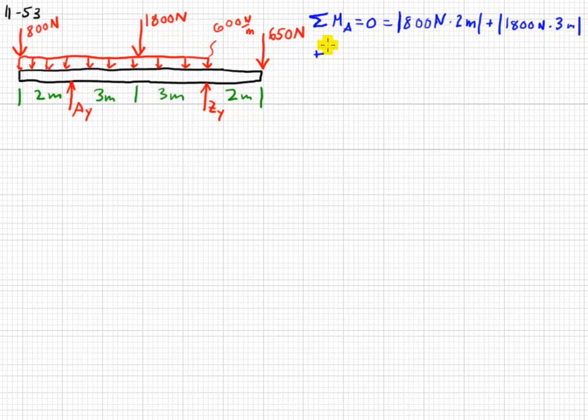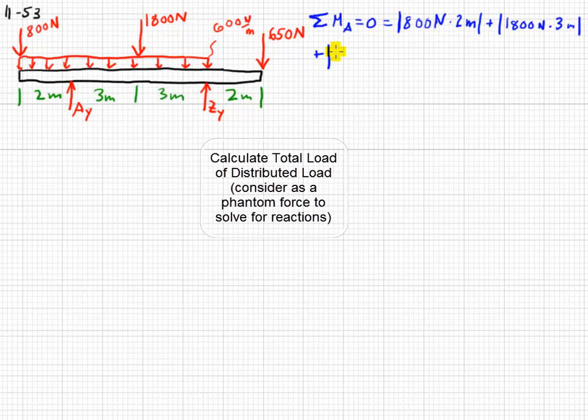Plus 600 newtons per meter, and it is 8 meters long for this distributed load. So 8 times 600 is 4,800.